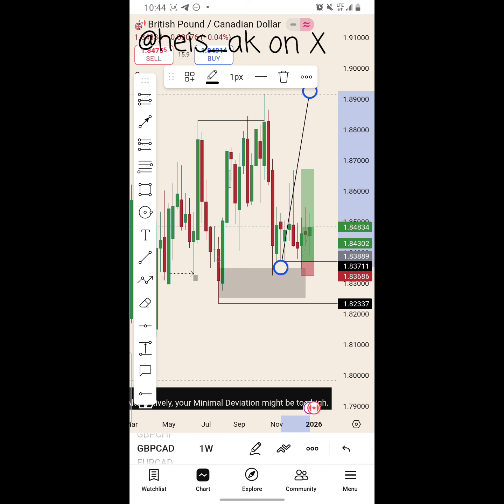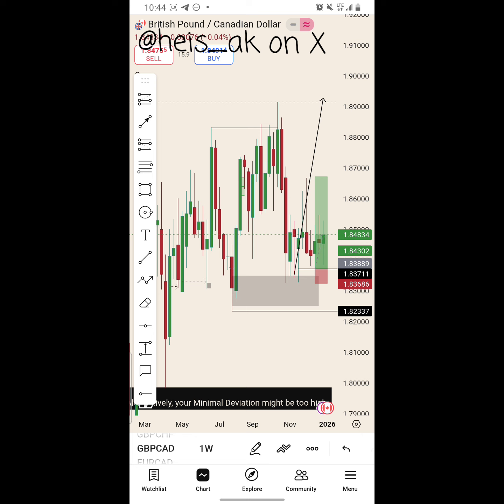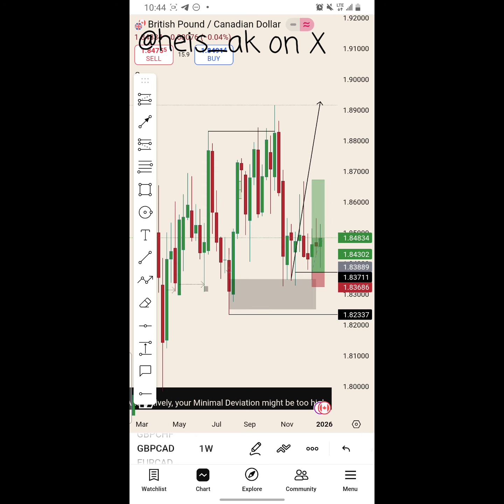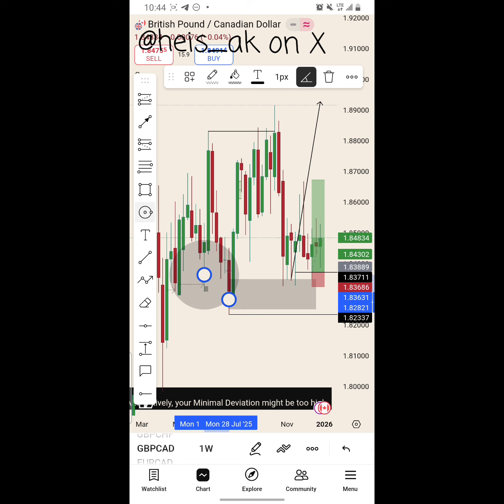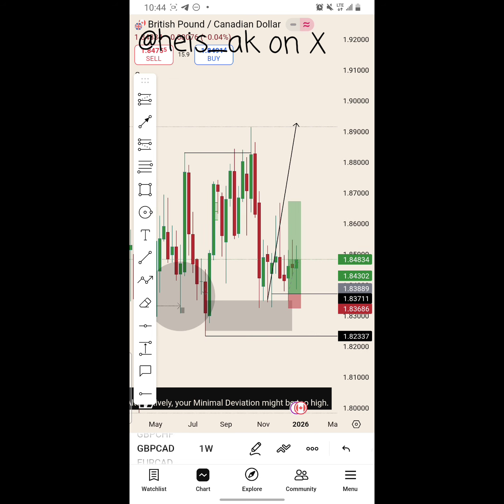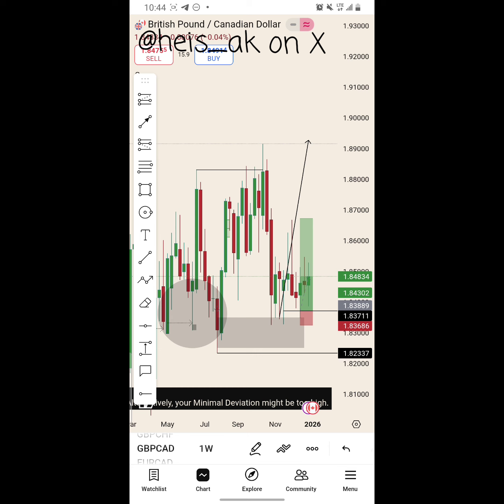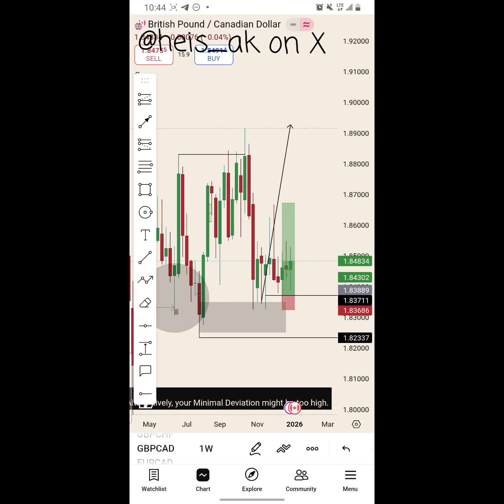Look at it this way: sweep here, break of structure there, and actually it's not a candle break of structure. It's just price taking out external liquidity from that high. Since price has swept that high with a wick, it might actually tell you that price does not want to go that high.